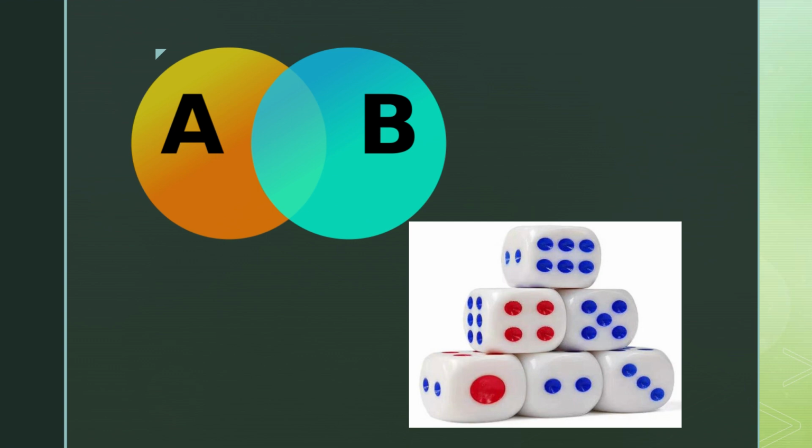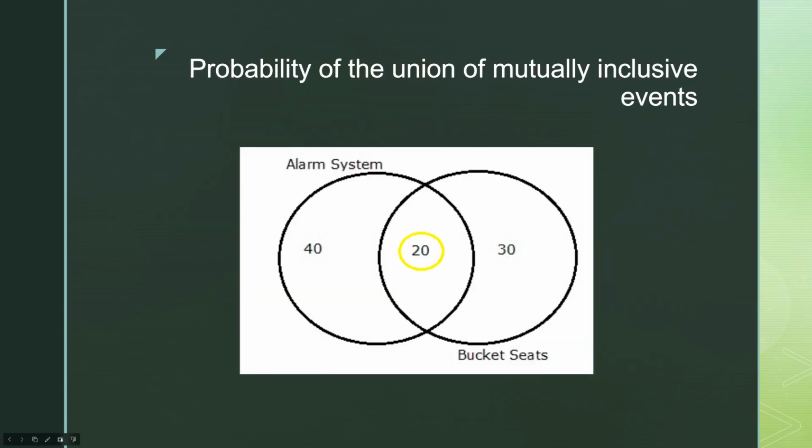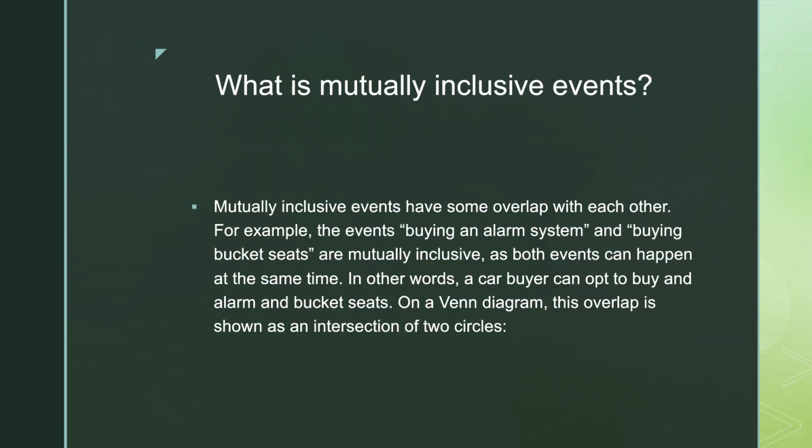If one event occurs, the other just cannot occur. So yes, an event cannot be independent and mutually exclusive at the same time, because if they are independent, they may occur together, and if they are mutually exclusive, one event will depend on the other. That is, if one occurs, the other one will not occur.